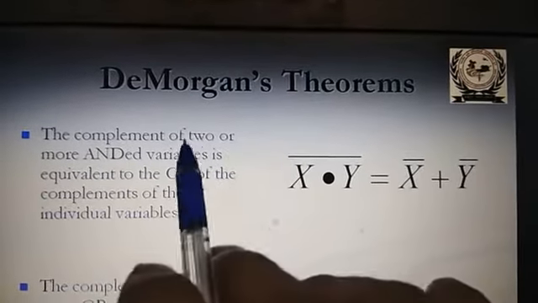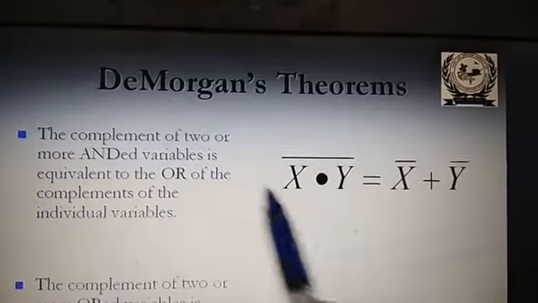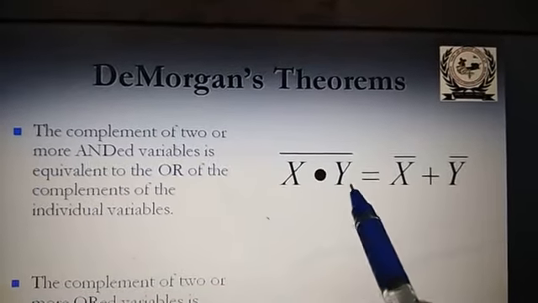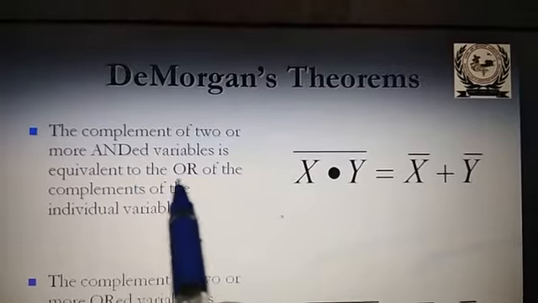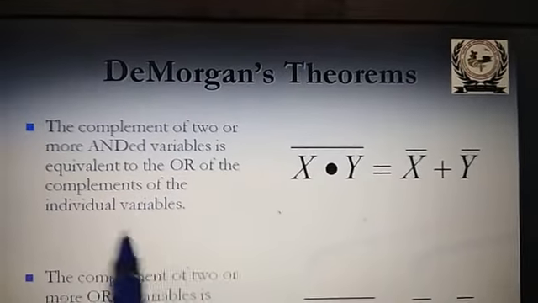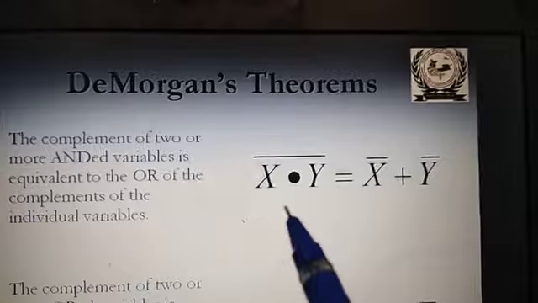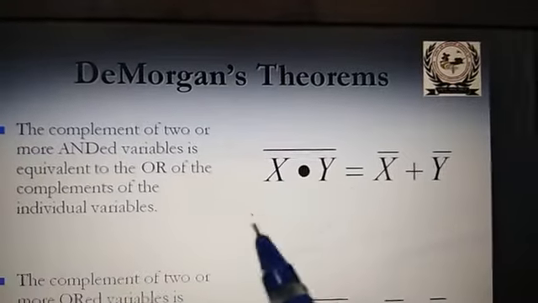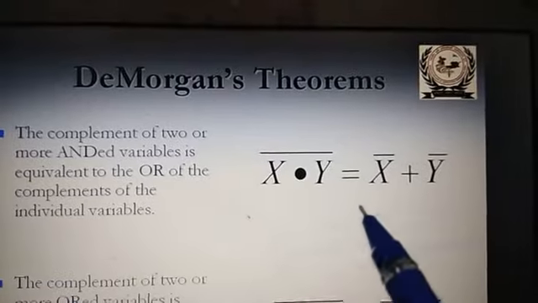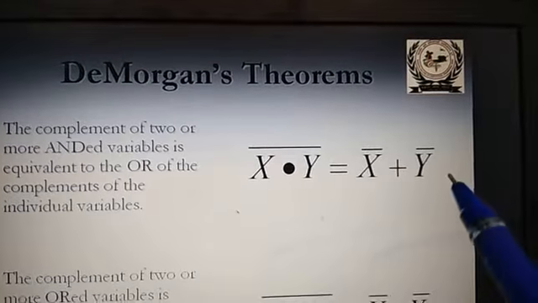Like this, x AND y has a complete complement, is equivalent to the OR of the complements of the individual variables. Then this is x bar plus y bar. X dot y whole bar is equal to x bar plus y bar.